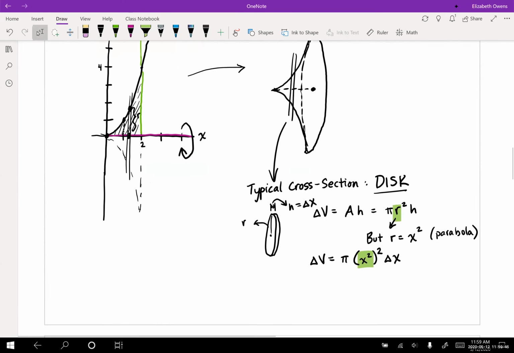So for our individual little change in volume, we have pi x squared squared times delta x, or you could rewrite that as pi x to the 4th delta x. Okay, cool. And then we've got our delta v expression there.